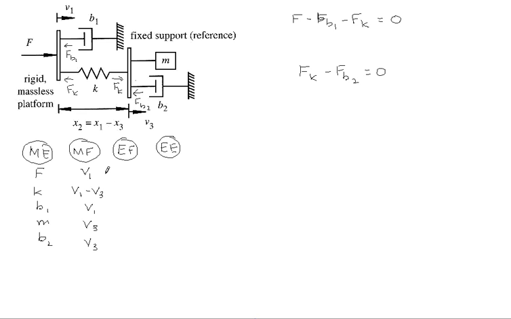In the case of the mechanical flow, V1 is associated with the force as well as the first damper B1.